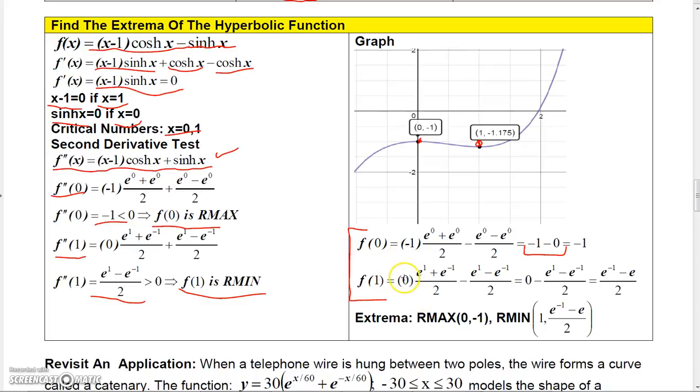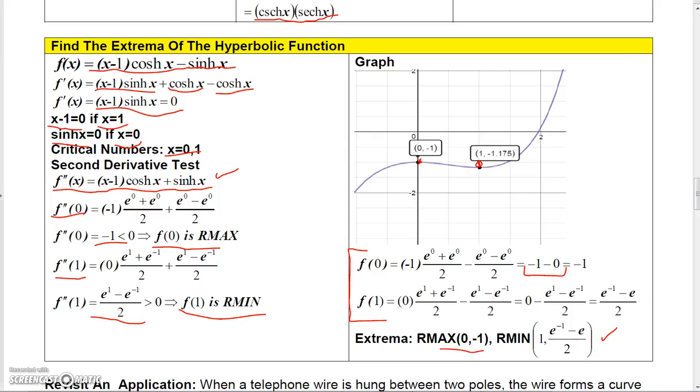So that's what you're going to have there. That gave me the y value for 0 was negative 1, and the y value for 1 was this number, e to the negative 1 minus e over 2. So anyway, that's how I got the y values.